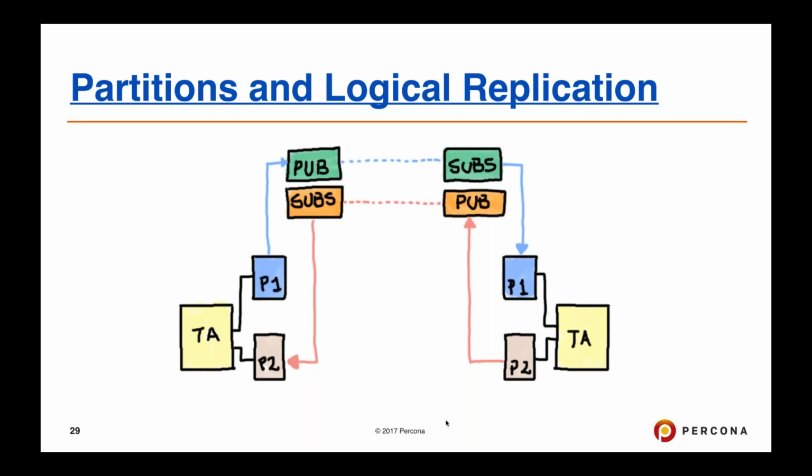Partitions is a new feature in Postgres 10. For people that used Postgres before, Postgres had the feature of inheritance, meaning that you can inherit from a parent table and, with triggers, do manual partitioning.